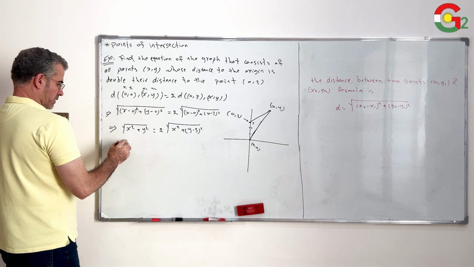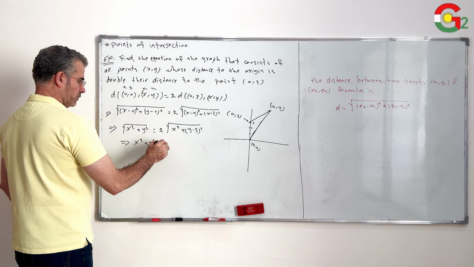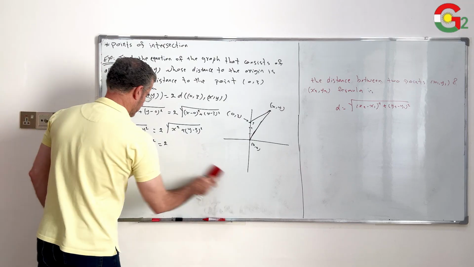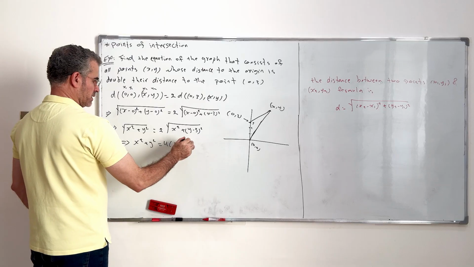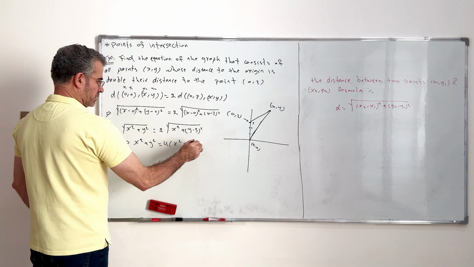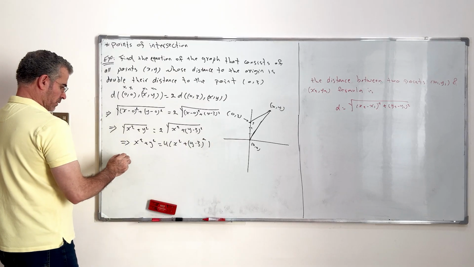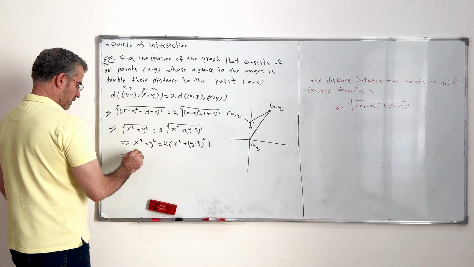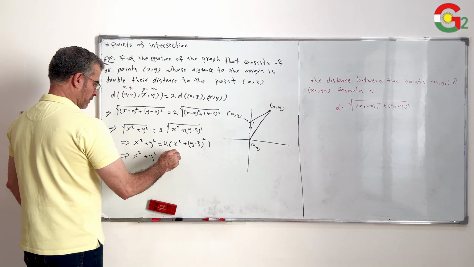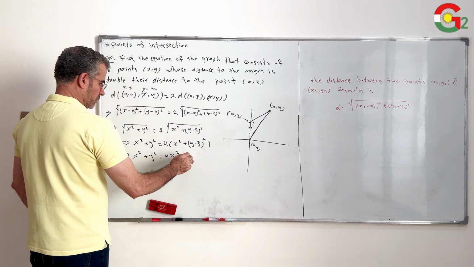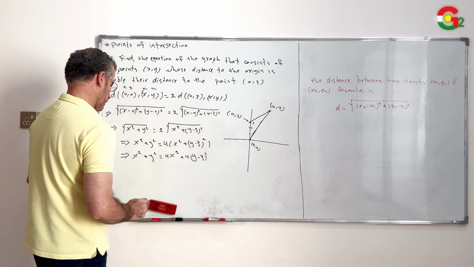Square both sides, then x squared plus y squared equals 4 times x squared plus 4 times y minus 3 all to the power 2.